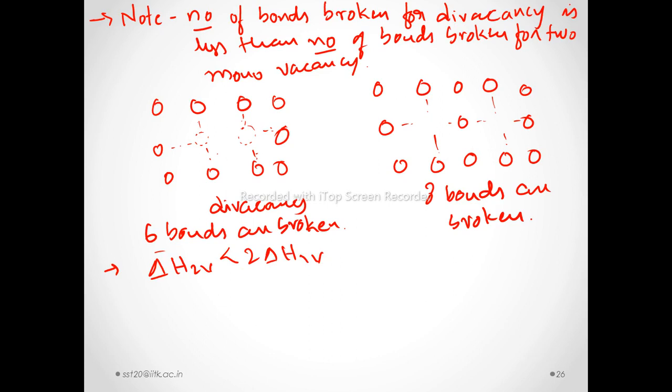Correct? Then from this equation we can write delta H2V equals 2 into delta H1V, and we are considering the binding energy. Due to this binding energy, which is extra added to the H1V, that is the binding energy of divacancy.